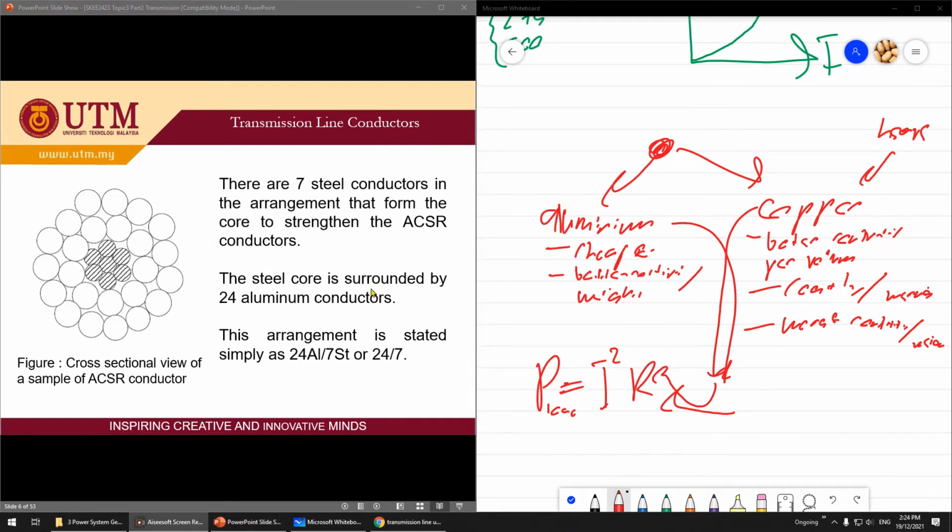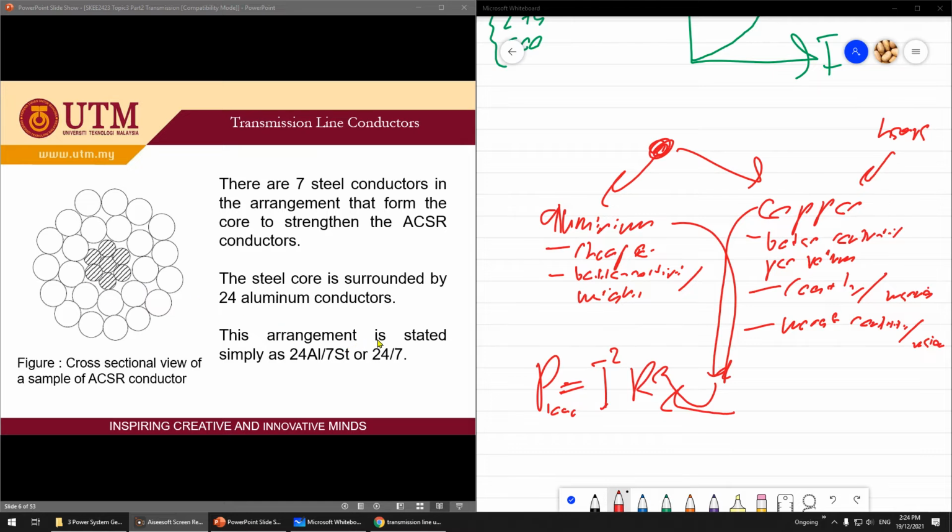This is what is meant by steel reinforcement. You have 7 conductors arranged as the core strand, and the steel conductors are surrounded by 24 aluminium conductors. You can see here the cross section view: the 7 here are the steel conductors, and surrounding them are the aluminium conductors.